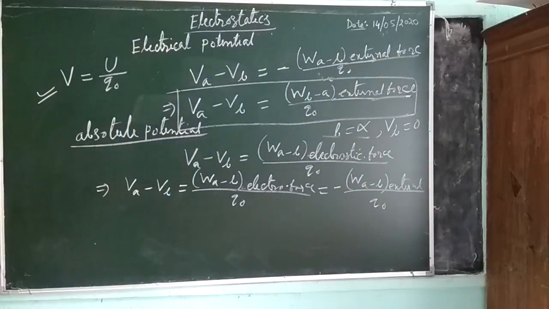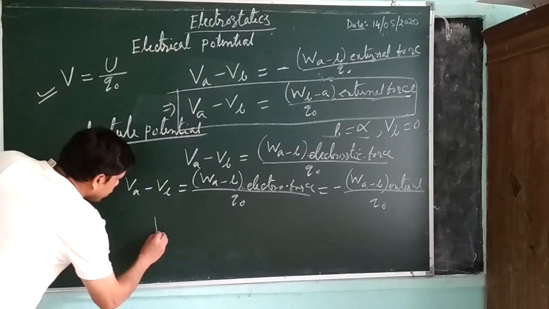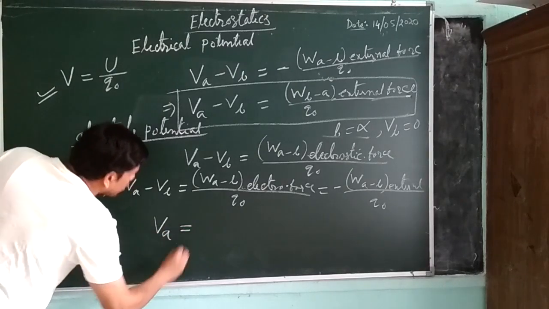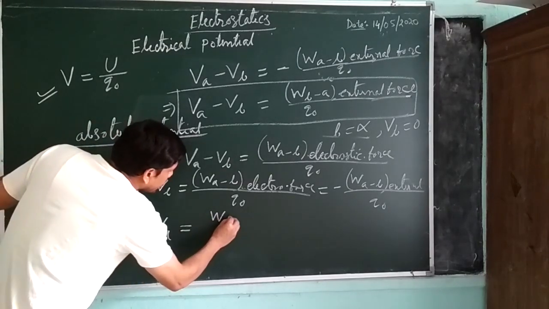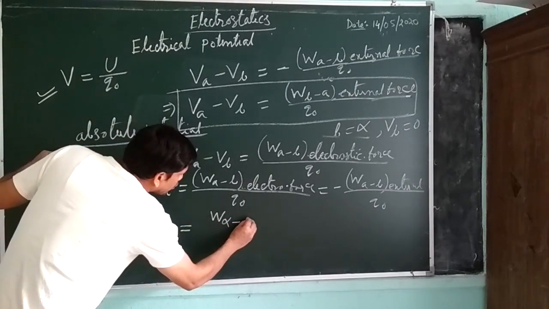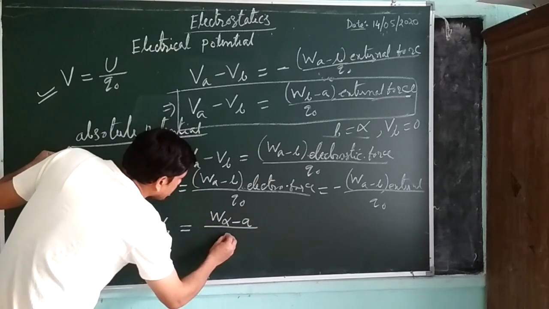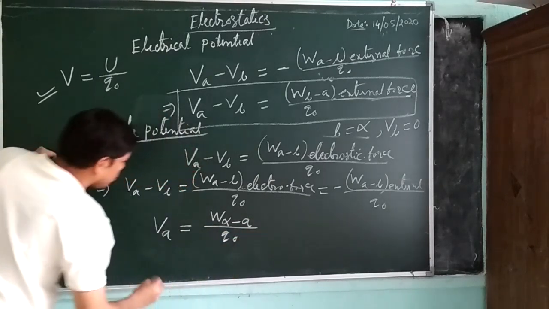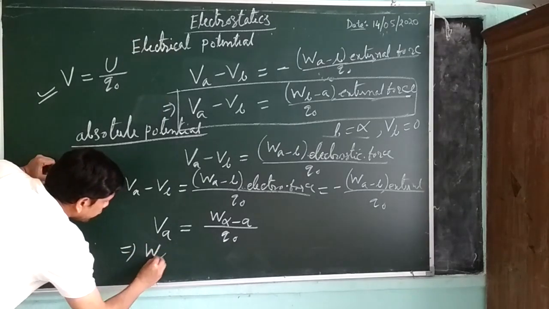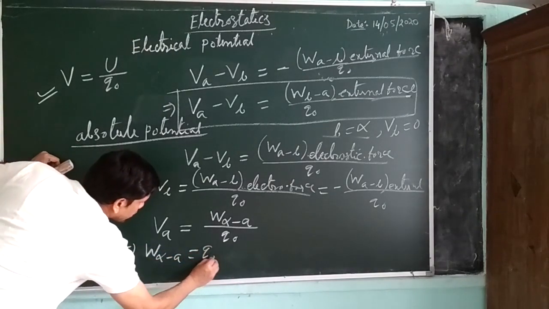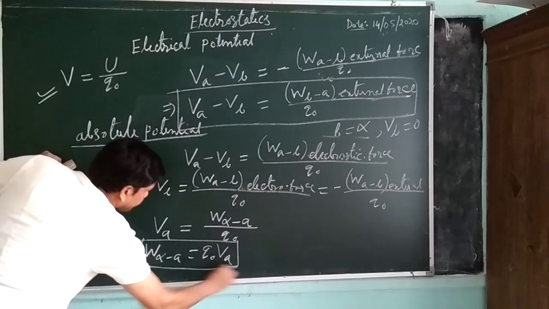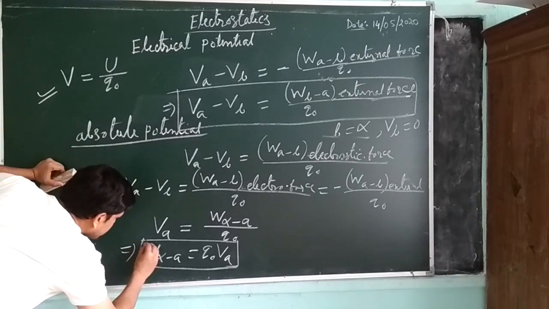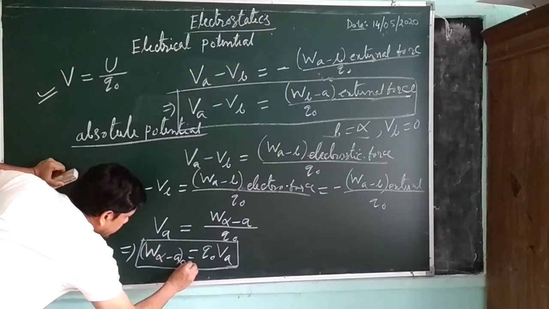And another related to absolute potential: we can write VA equals W from infinity to A by Q naught, for the external force.